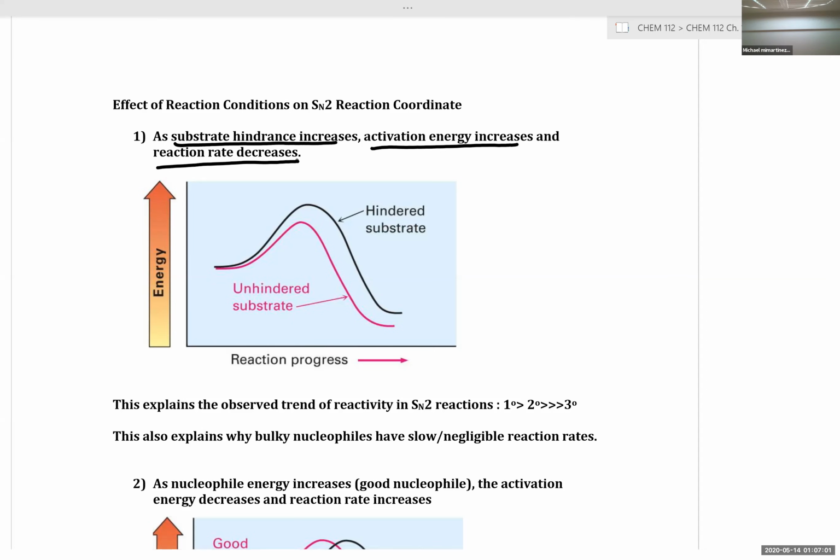Just to rationalize what's going on here, if we look at a primary species, and our nucleophile is trying to approach, and we compare that to a secondary species, let me draw the transition state. Allow me one moment to do that.